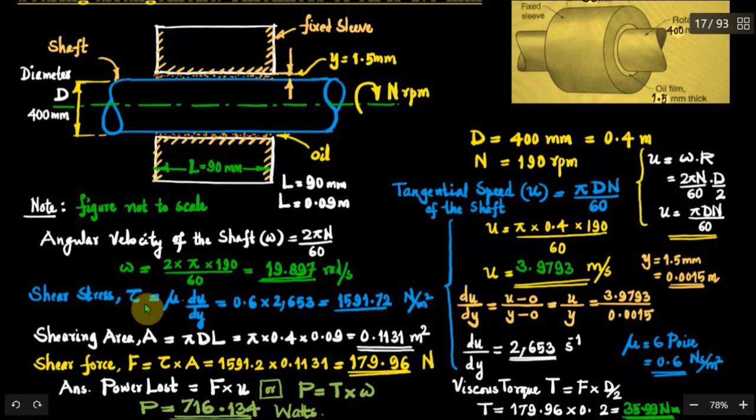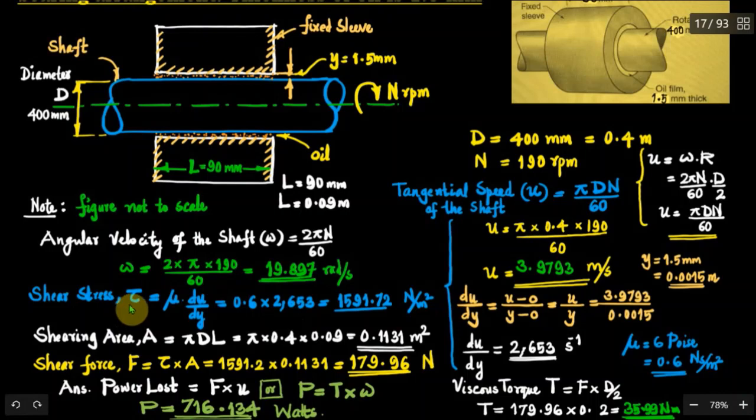Shear stress tau from Newton's law of viscosity is given by mu into du by dy, and the dynamic viscosity mu is 0.6 Newton second per meter square multiplied by the velocity gradient du by dy, 2653 per second. If you multiply, you will get 1591.72 Newton per meter square or Pascal. This is the shear stress.